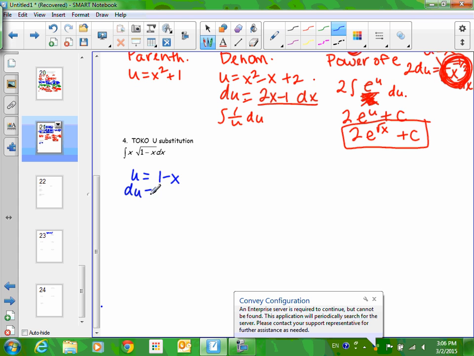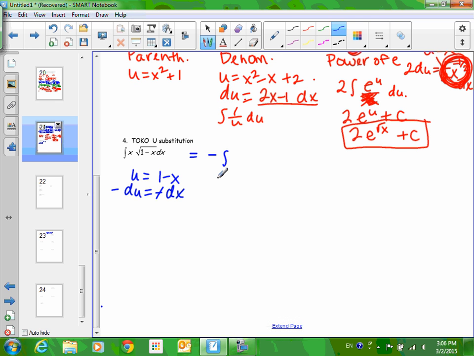So then du would be negative dx. The negative gets moved to the other side, just like any other number. And I notice here that because I let u be the thing inside the radical, I have u to the 1/2 right there.